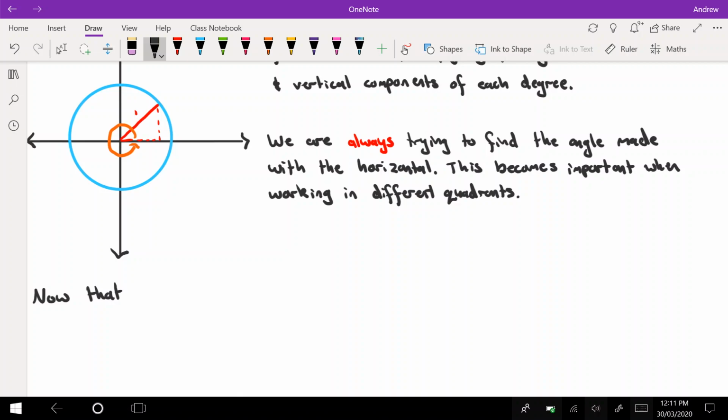Now that we know, spelt with a K, so let's learn to spell.